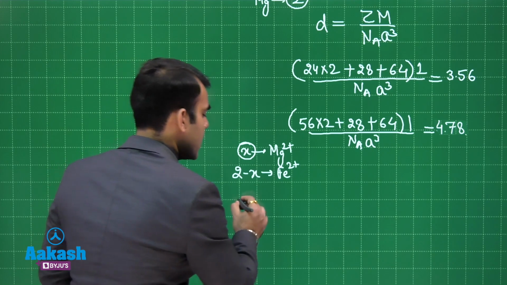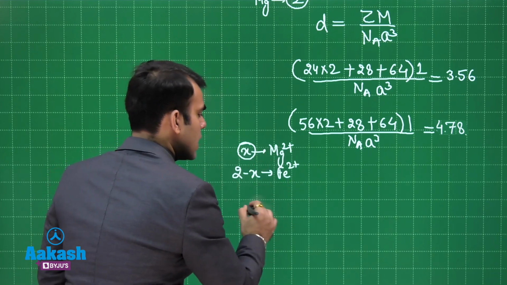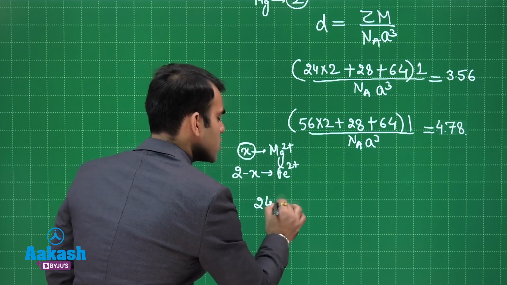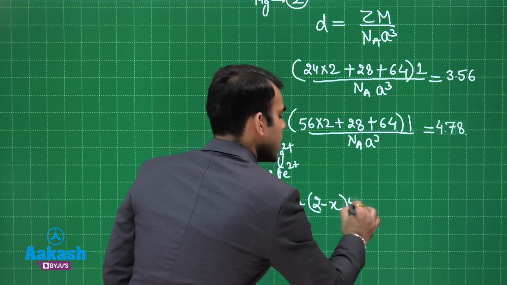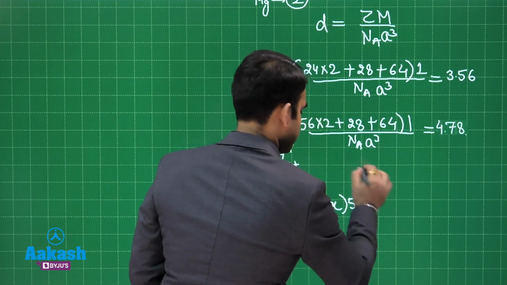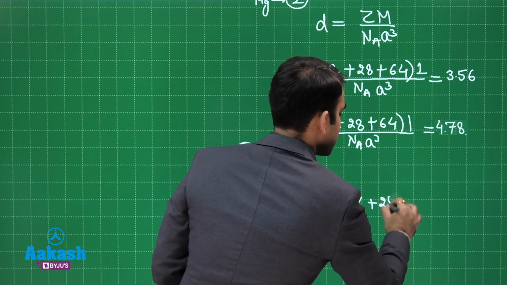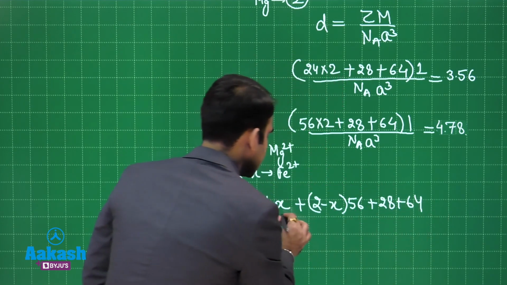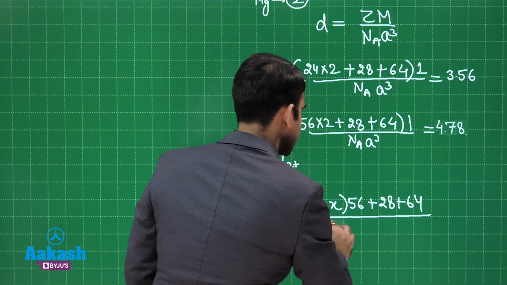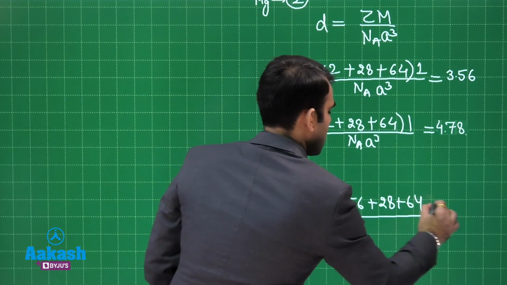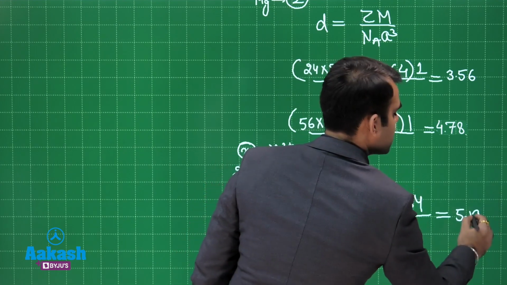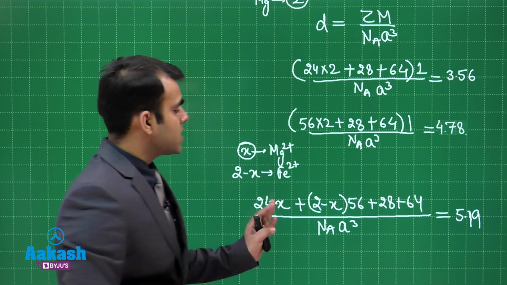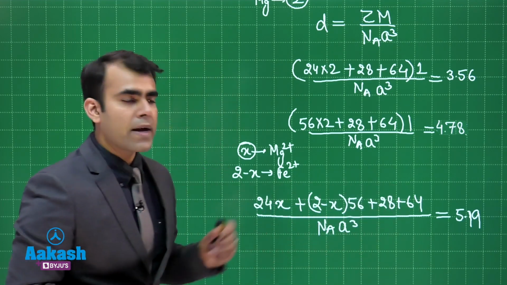So here I will write the density for this olivine, that is 24 into X plus 2 minus X into 56 plus the mass of silicon is 28 plus 64 divided by the volume, which remains the same, and here we have 5.19. Now this is the density of my olivine.